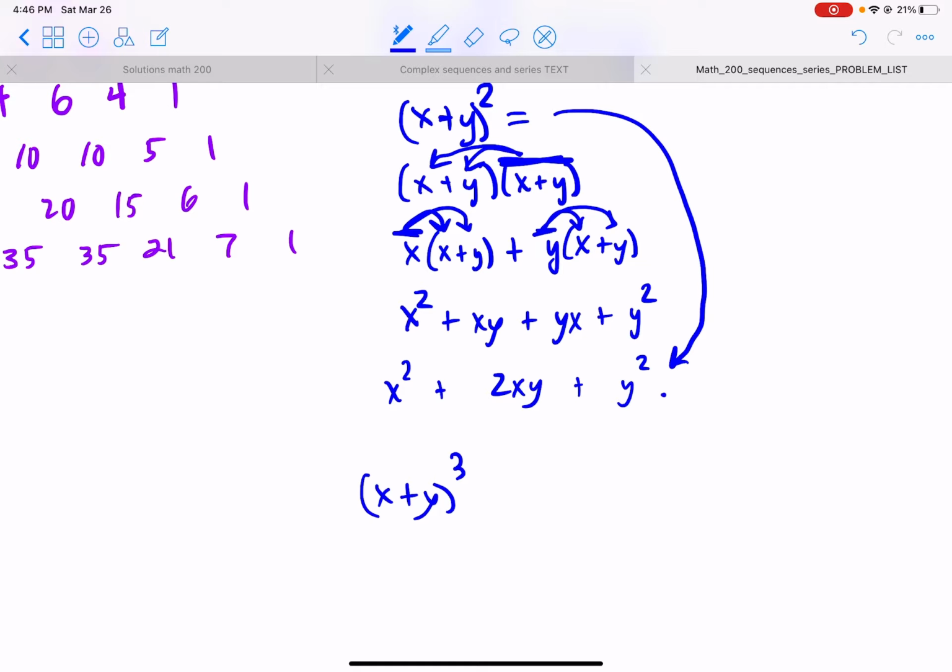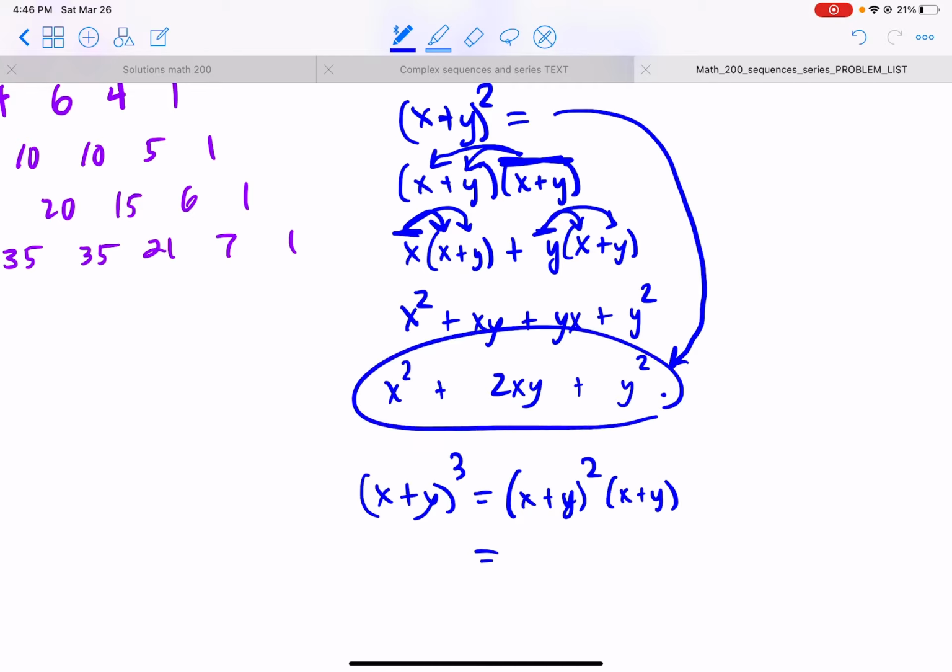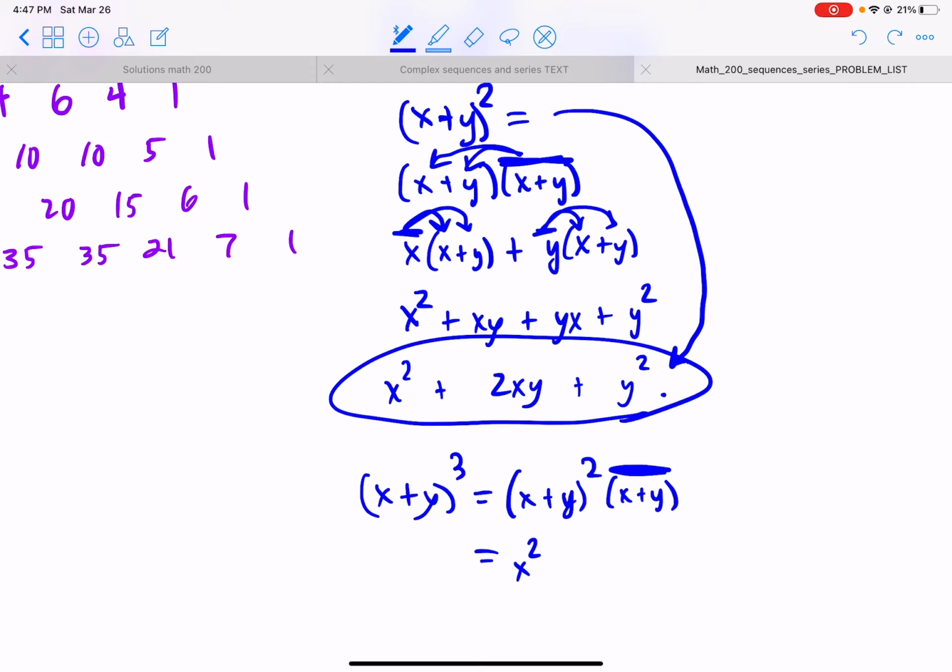x plus y to the third, well, that's x plus y squared times x plus y, which is, well, we already calculated x plus y squared. So it was an x squared, and then this is going to come through and hit each of these 3 terms. Right, there are 3 terms here.